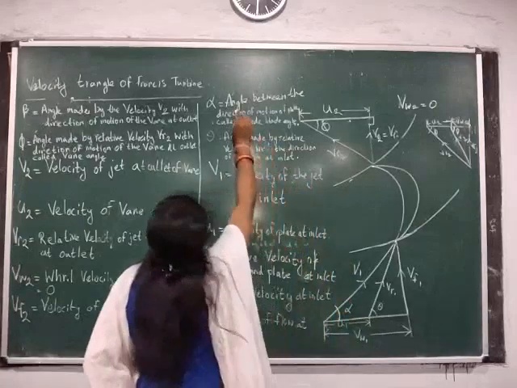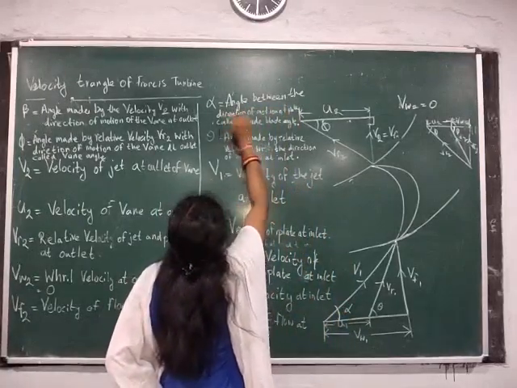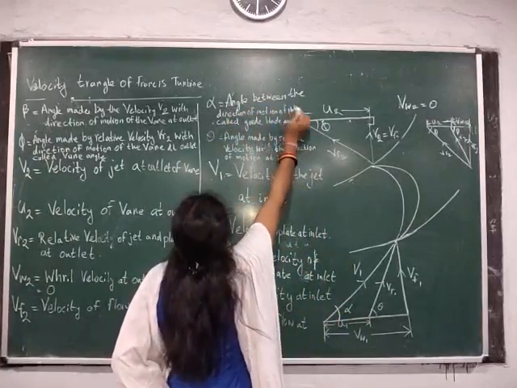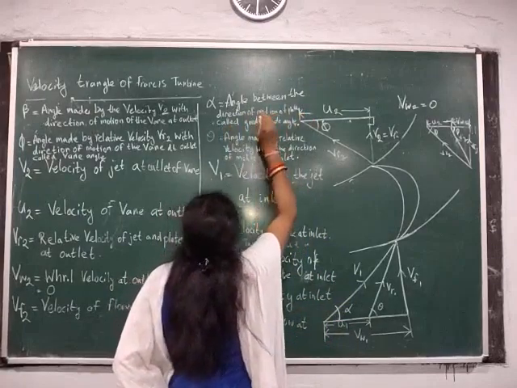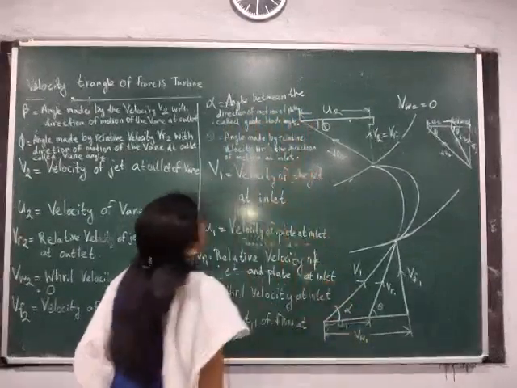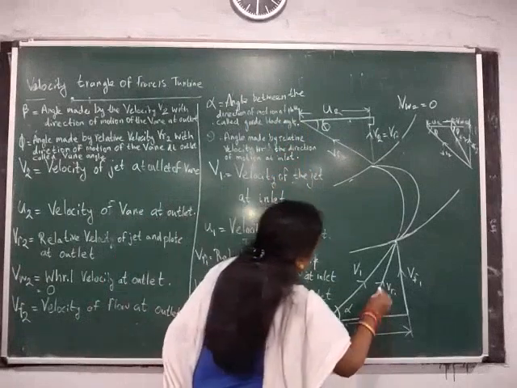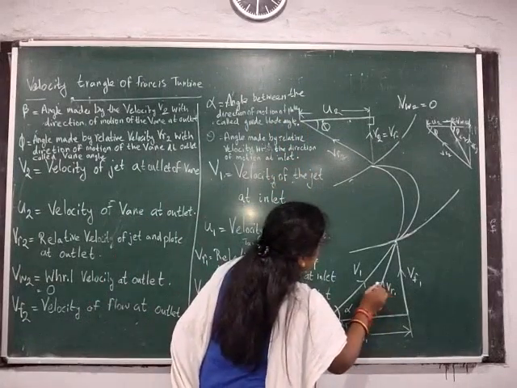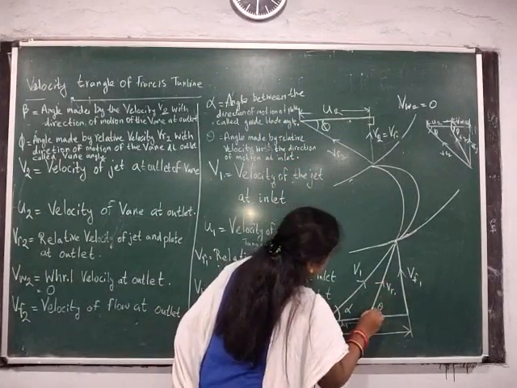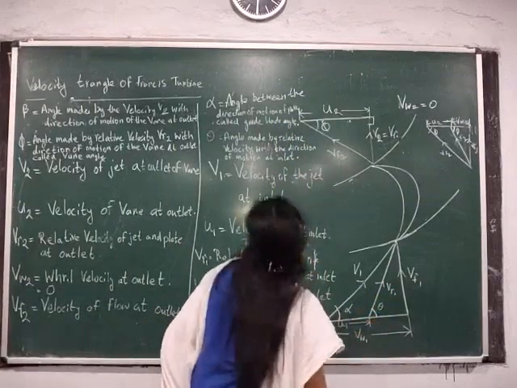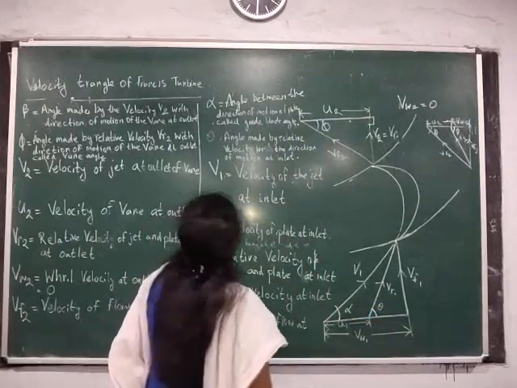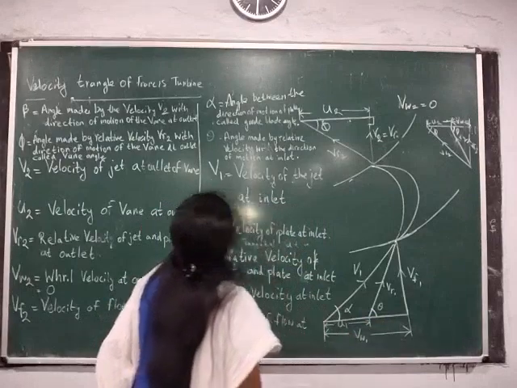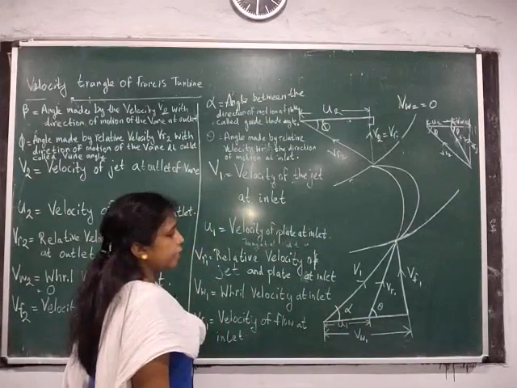Alpha is the angle between the direction of motion of the plate and V1, known as the guide blade angle. Next, VR1 is the relative velocity, which is making an angle theta. Theta is the angle made by the relative velocity with the direction of motion at inlet.